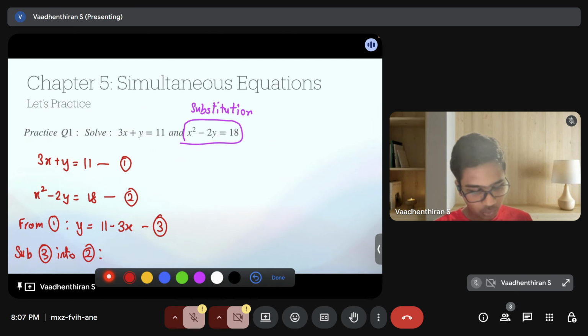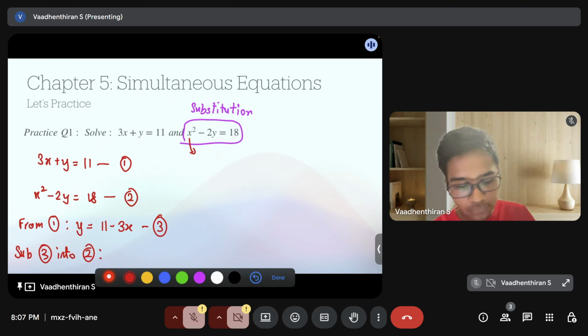Remember to substitute the third equation into the other equation and not the same one. When you do it in the same one, you get 0 on both sides and then you won't be able to solve it. Whenever there are simultaneous equations which you need to form, in some questions they ask you to form those simultaneous equations before you solve them. You need to look at the number of variables you have.